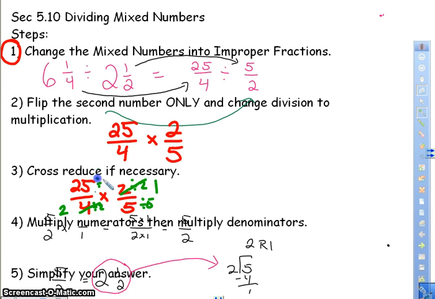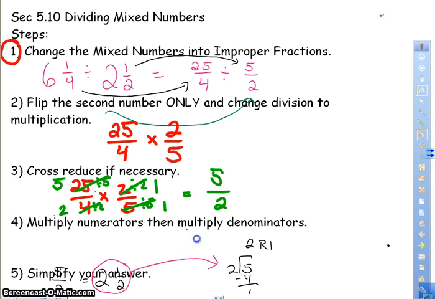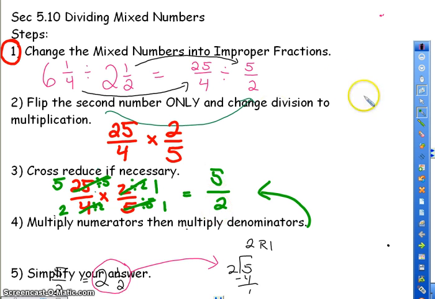So I'm going to cross reduce these and get 1 and 5, and now multiply across. 5 times 1 is 5. 2 times 1 is 2. So I've cross-reduced, then I multiply numerators by denominators, and then you're going to simplify your answer.